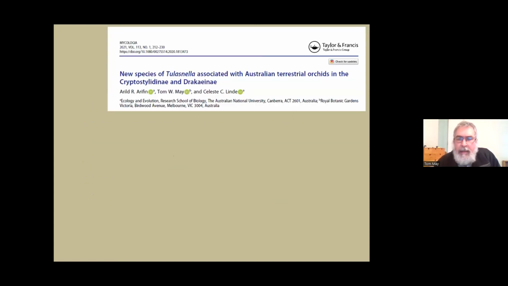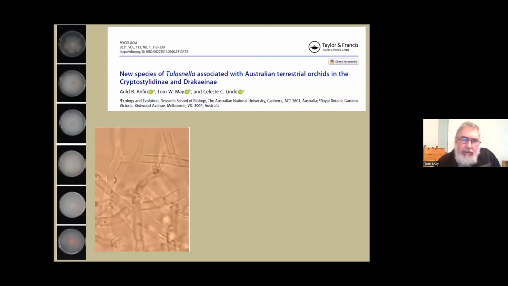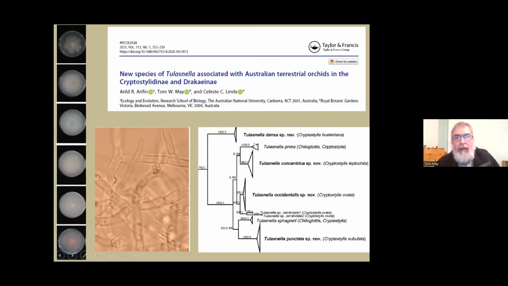And just one example for some recent work on interrelations with plants is these Tulasnella species associated with Australian terrestrial orchids. So this is work by Arild Arafin in Celeste Lynn's lab. And Arild was able to delimit quite a number of new species. They all look virtually identical growing in culture. They all look pretty much exactly the same in terms of the hyphae. They don't have any sexual structures, but the DNA analysis across multiple genes very clearly delimited species.